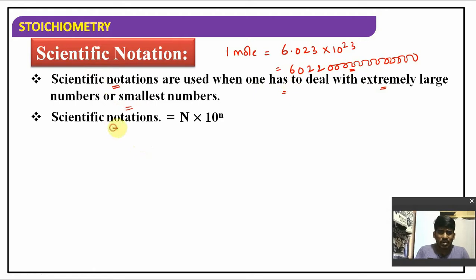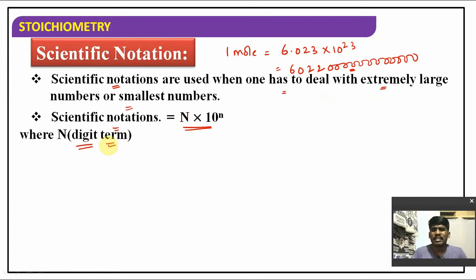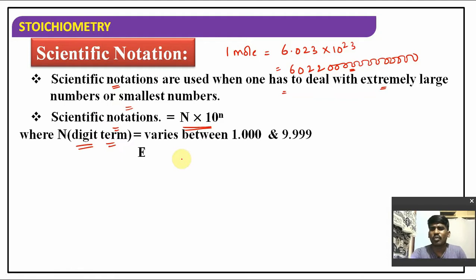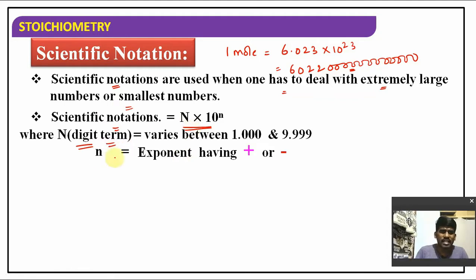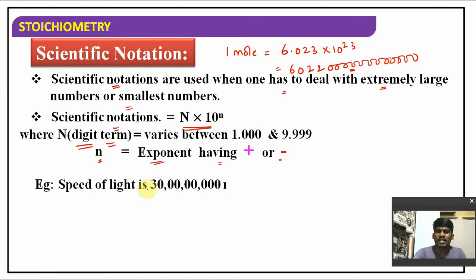And in scientific notation, we express it as N into 10 raised to n, where the capital letter N stands for the digit term, and it varies between 1 and 9.999. The small letter n is the exponent, which may be a positive exponent or a negative exponent, guys.